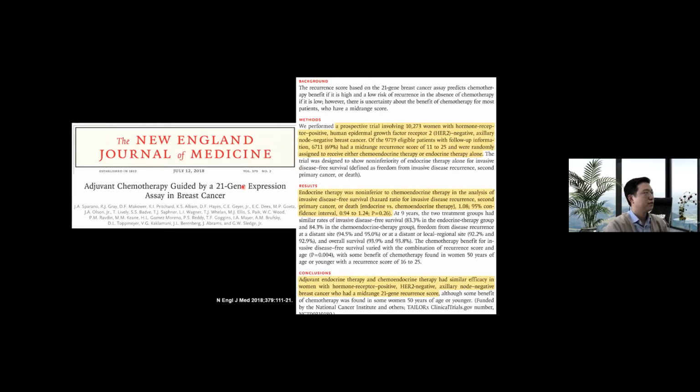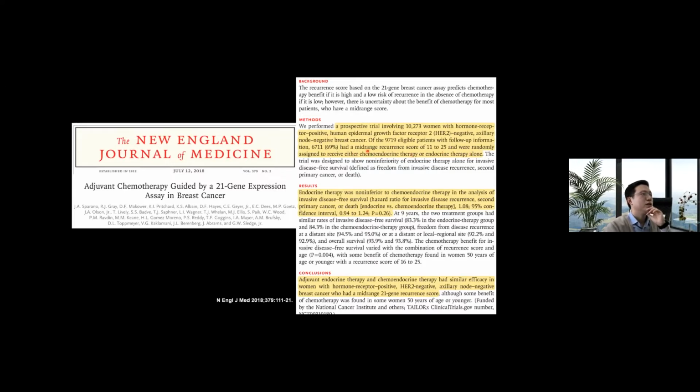And furthermore, in 2018, the same multi-panel gene assay was performed. This time, there is no limitation for tumor size. And again, HER2 negative and axillary node negative, but hormone receptor positive patients were enrolled and randomly assigned.